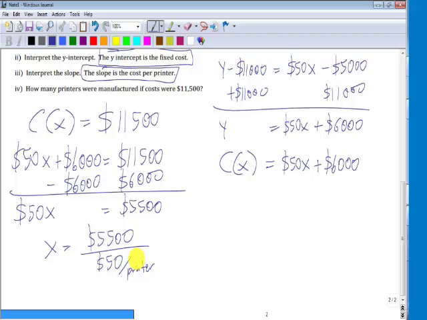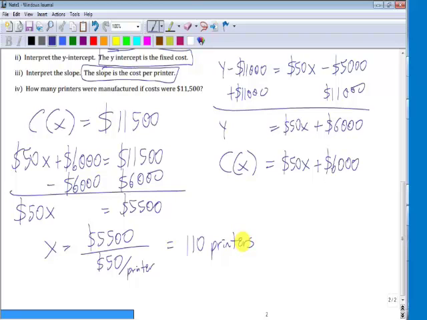There's not a dollar sign in the answer to the question, how many printers? But there is printers. If you're in the denominator of the denominator, you're actually in the numerator. So X equals, if I could just do the arithmetic here, 110 printers.